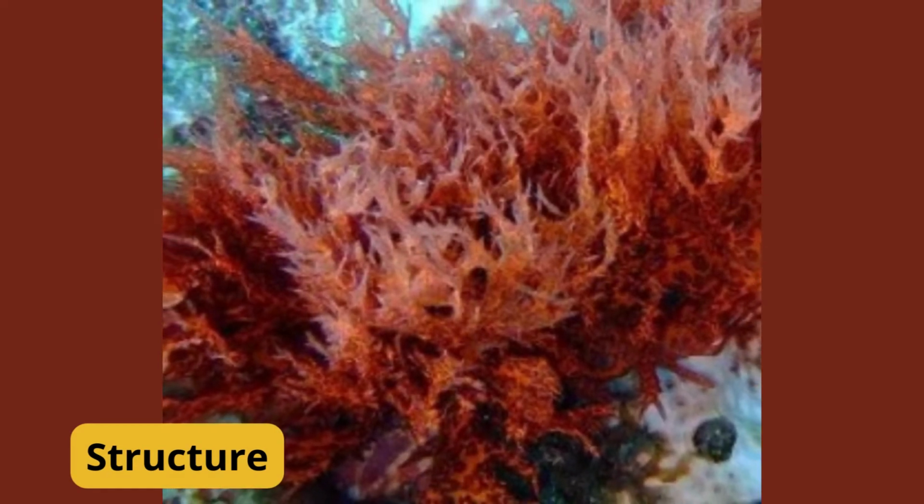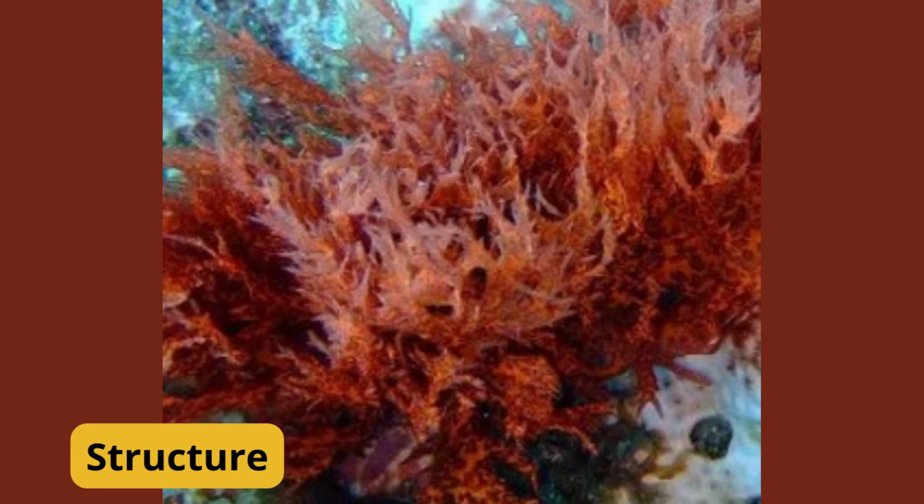Structure: the multicellular body form of red algae is commonly composed of complex interwoven filaments that are delicate and feathery. A few red algae are flattened sheets of cells, as you can see here.